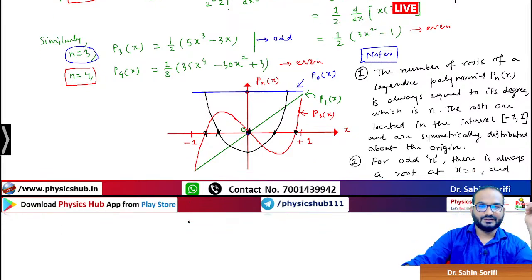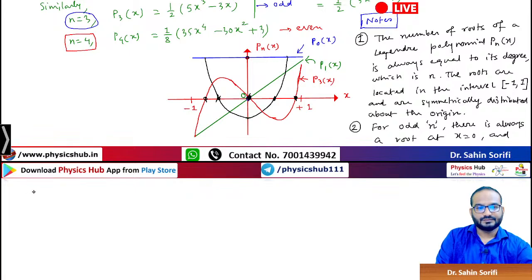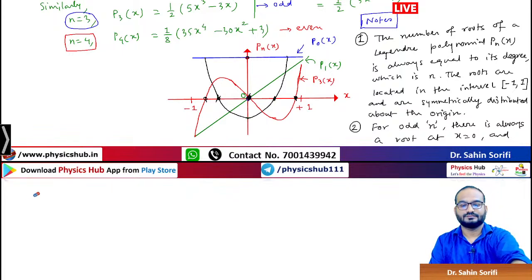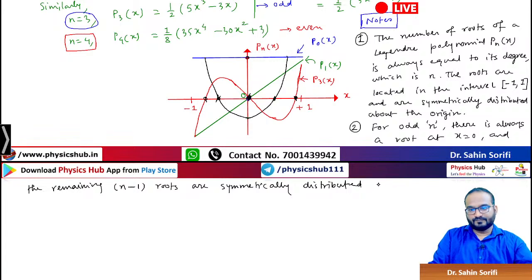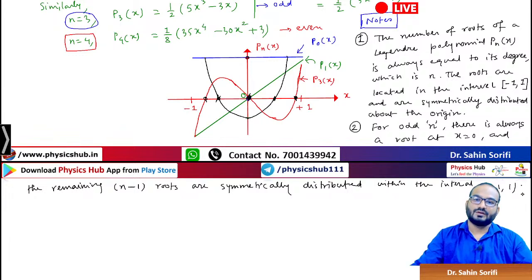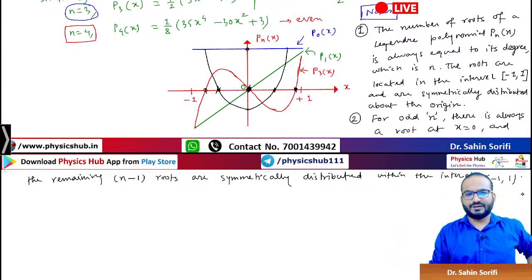And the remaining n minus 1 roots are as usual symmetrically distributed within the interval minus 1 to plus 1. Okay, very straightforward thing, you can easily see it from the graph.